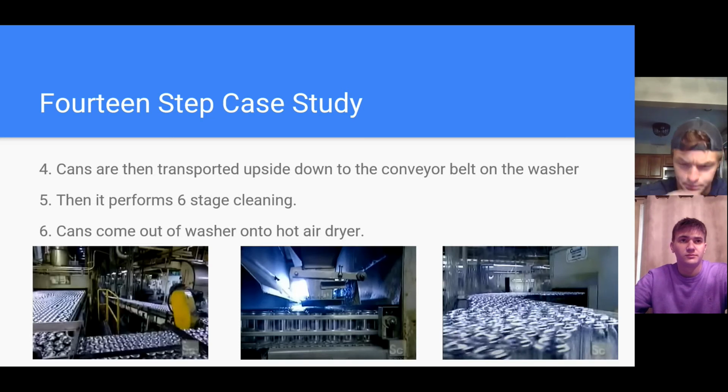This is so the can gets its shiny finish by taking off the top layer of aluminum. And the last 4 are in deionized water, and this is to prevent the harmful chemicals from being in the products once it reaches the consumers. And you can kind of see on the left side the water spraying in the second image down on the cans.